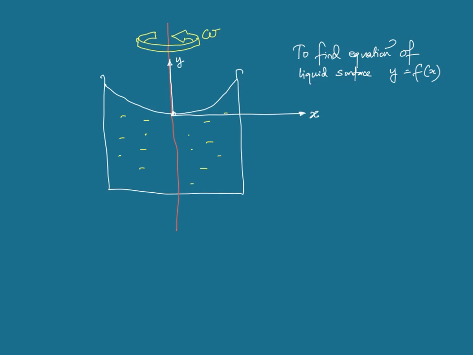Here we'll consider a cylinder, this cylinder, and the length of the cylinder will be x, and this height will be y, obviously the y coordinate, because the point on the surface is having coordinates x and y.